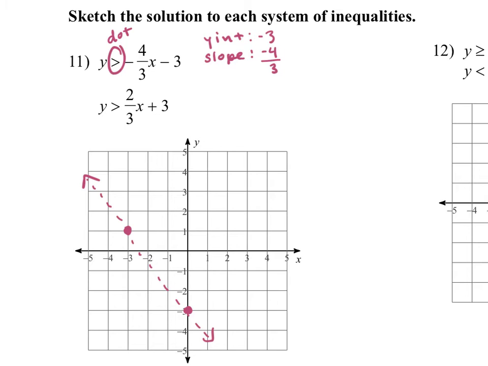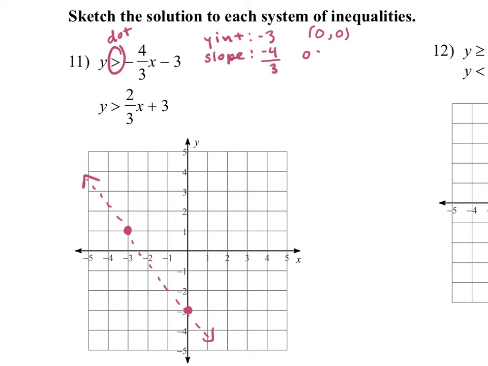What do we need to do next? We need to find out where we're going to shade. So how do we find out where to shade? What do we need to do? Plug in 0, 0. So you plug in 0 for x and 0 for y.